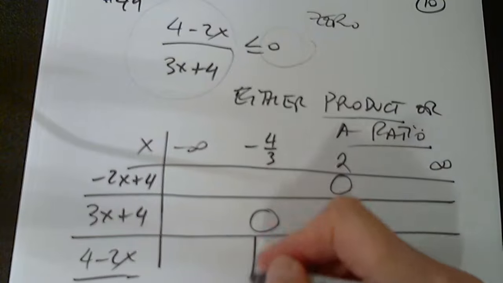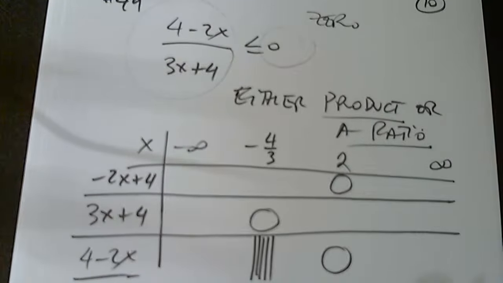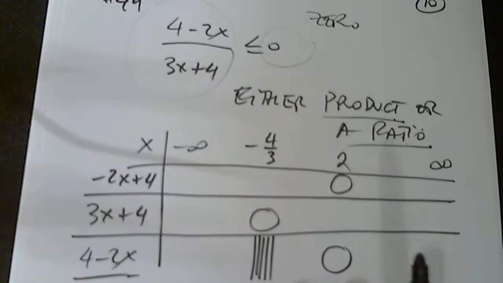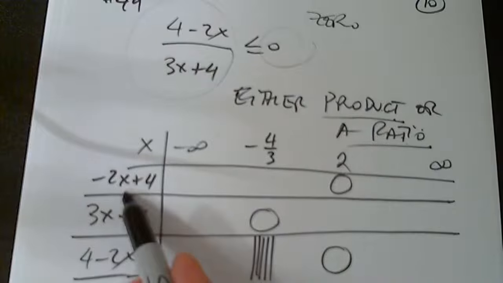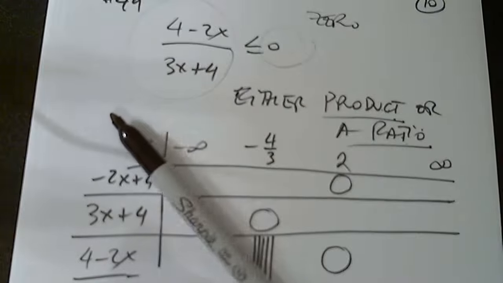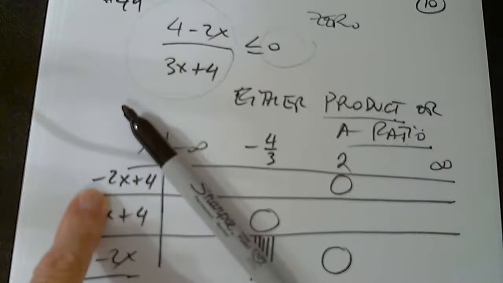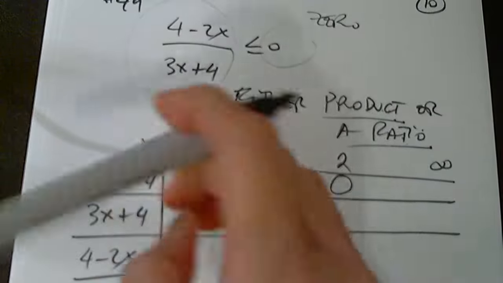Becomes undefined. Exactly. That's mainly the difference between the product and the ratio. Now this looks like this, which means it comes from positive, goes to negative, because the slope is -2.